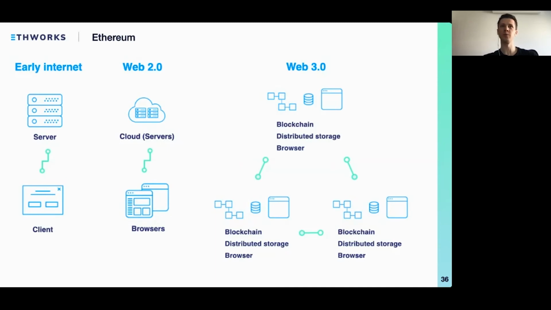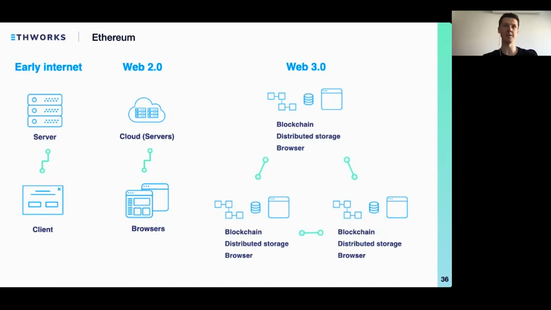We usually rent it from providers like AWS or Google Cloud, and our applications are no longer installed on the client computers. We run them in browsers, and we move some of the computation to the browsers. But we still have a client and server model where our services are centralized.